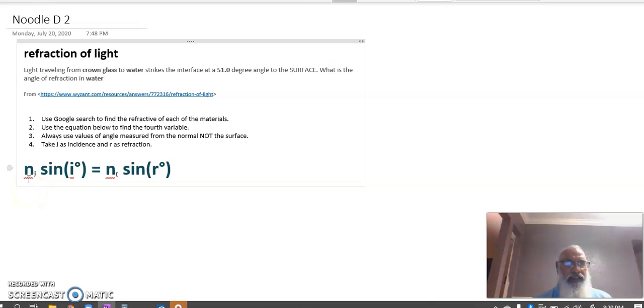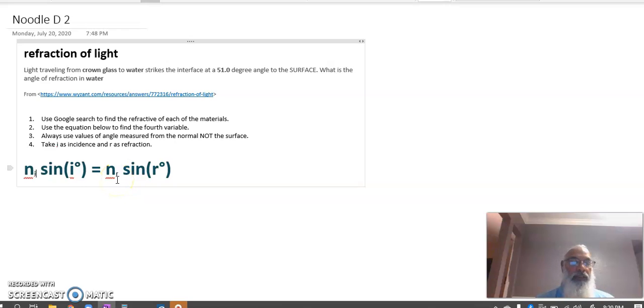N stands for refractive index, but when it says Ni, that means refractive index of the material through which the light is incident. So that's where the light is coming from. And then NR, R stands for refraction.